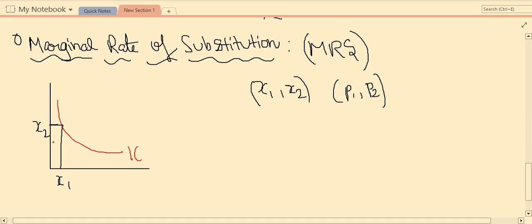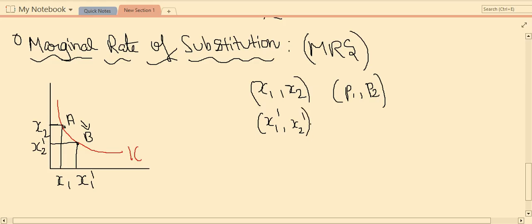Now let's suppose that something changes, like maybe his taste changes or his income changes or the price of some good or the quality of any good changes, and he wants to consume less of x2 and more of x1. So he moves down his indifference curve and lands here, from A to B. He moves downward, and the new bundle is x1 dash, x2 dash.